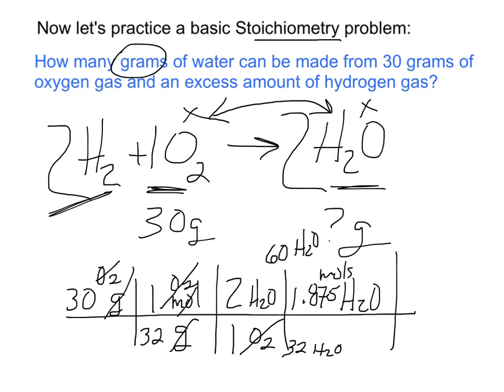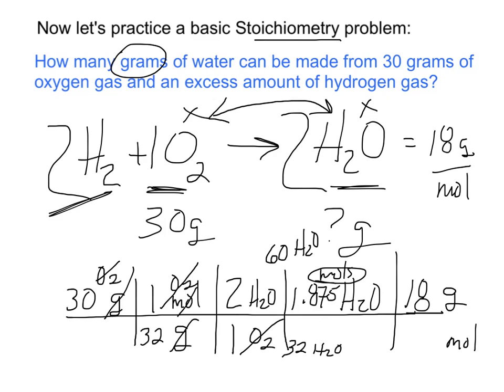Now it wants to know grams, so I need another picket fence here. I need to go to grams, so I put grams on top. I take the unit that I am at, put it on the bottom, and when we add up water, we see that this is going to equal 18 grams per mole. 2 hydrogens plus 1 oxygen gives me 18 grams per mole.